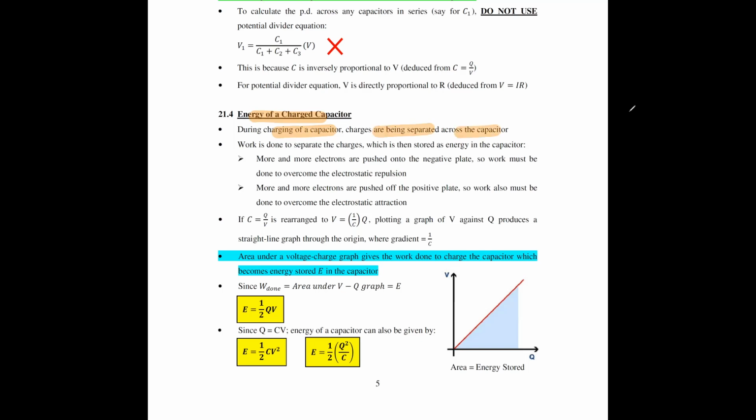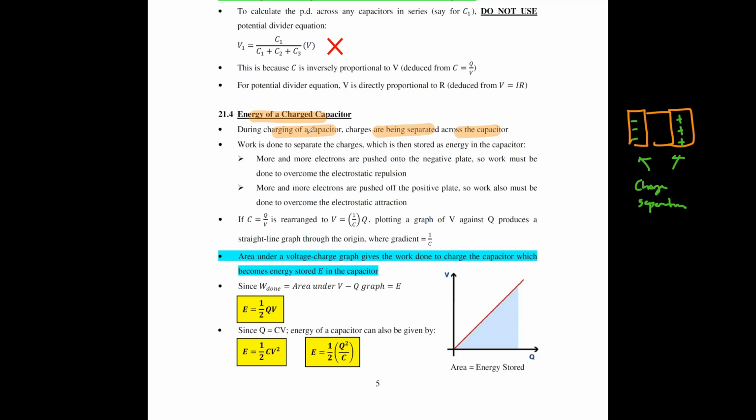When we say charges are being separated across your capacitor, it means that you have positive, positive, positive, negative, negative, negative across your capacitor like this. This is what we mean by charge separation.